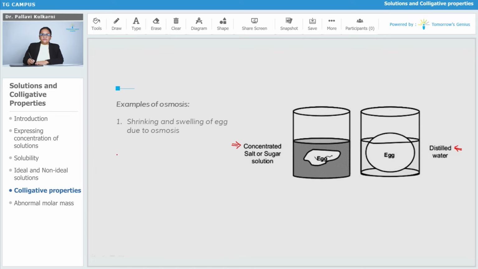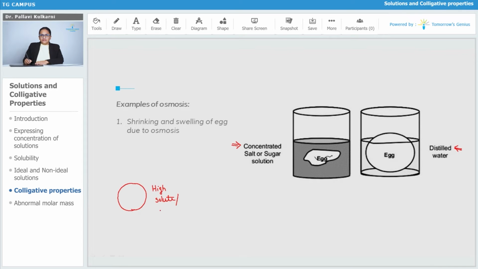So what happens? Suppose this is the semi-permeable membrane of the egg. Outside the egg, if the concentrated salt or sugar solution is there, there is high solute concentration, because concentrated solution is nothing but high solute concentration.